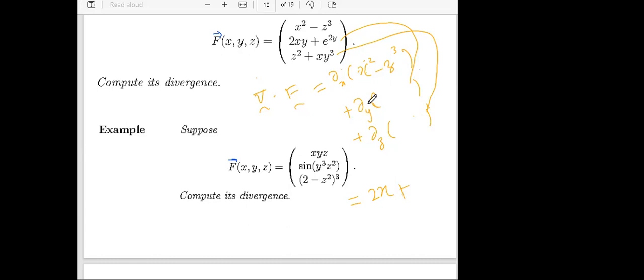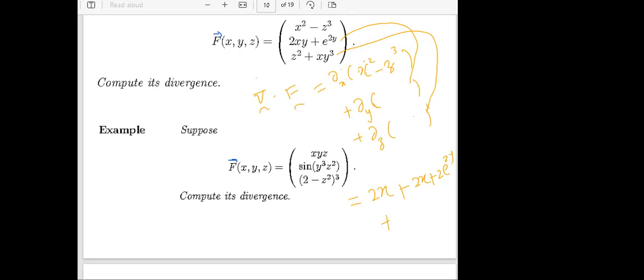When you differentiate this guy with respect to y, 2x times 1, I don't write 1, plus, when you differentiate this with respect to y, 2e to y.